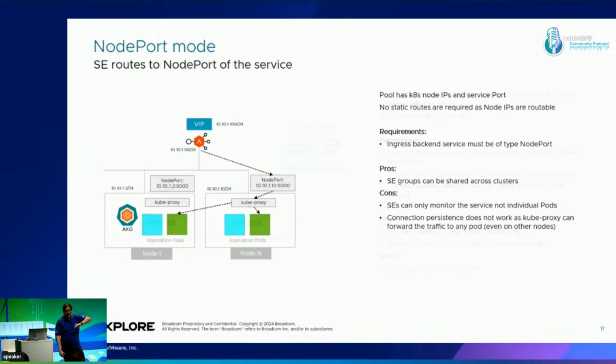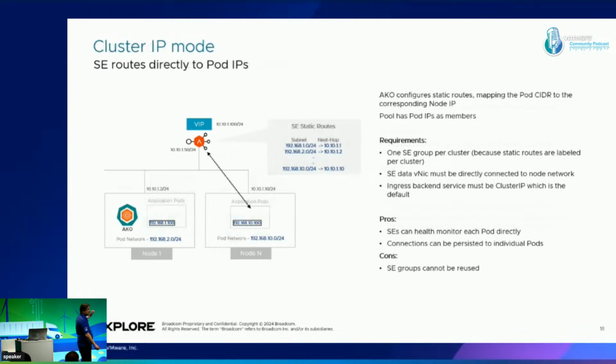What is the other classical option for that case? ClusterIP. In that case, you need to expose the IP address of the pod to the world, because I need the load balancer to go to that pod. So the load balancer needs to know how to access that pod.